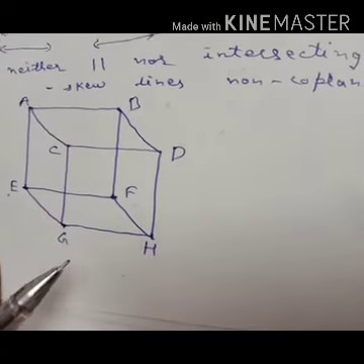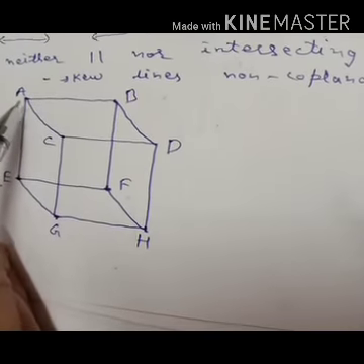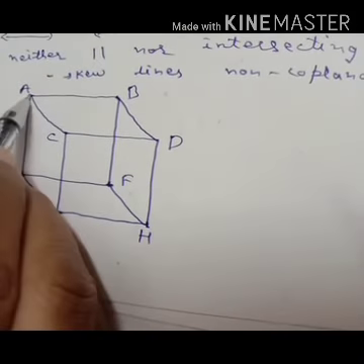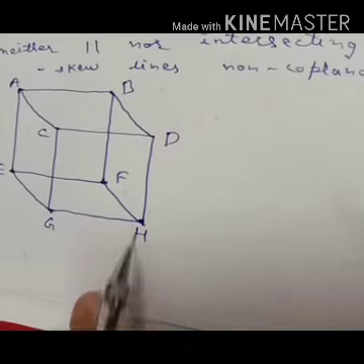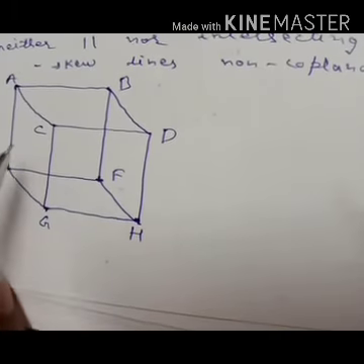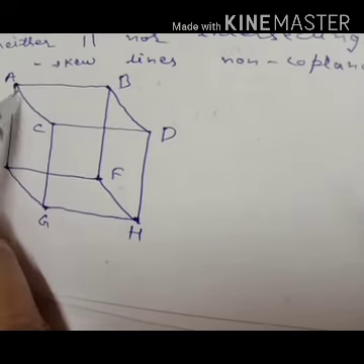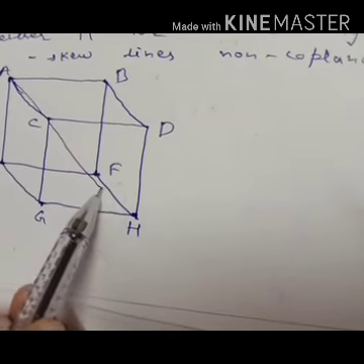In this figure, if we join two opposite vertices, one at the top, one at the bottom, A at the top and H at the bottom, which are opposite vertices, join them by a line segment.